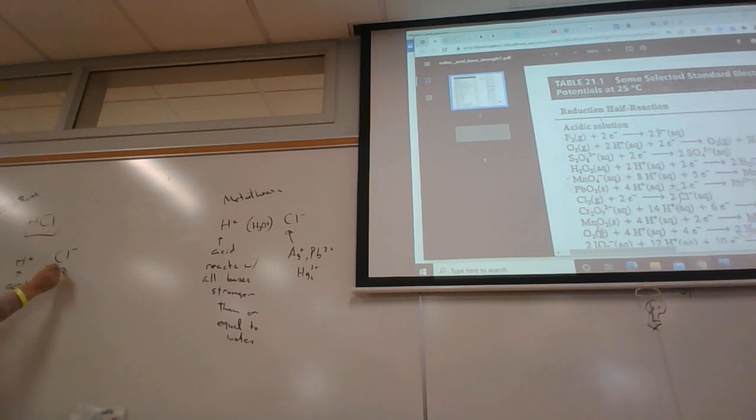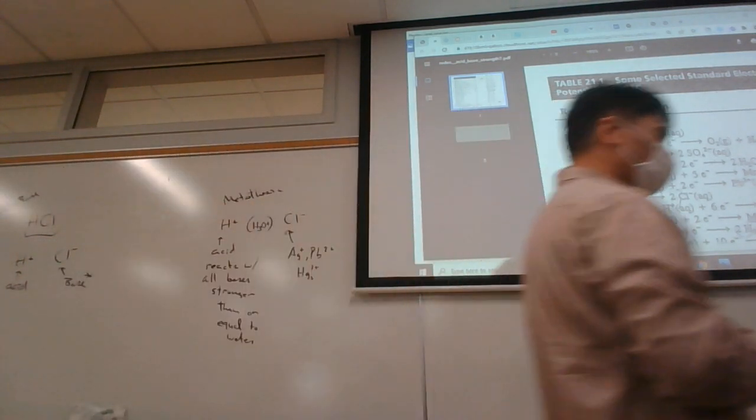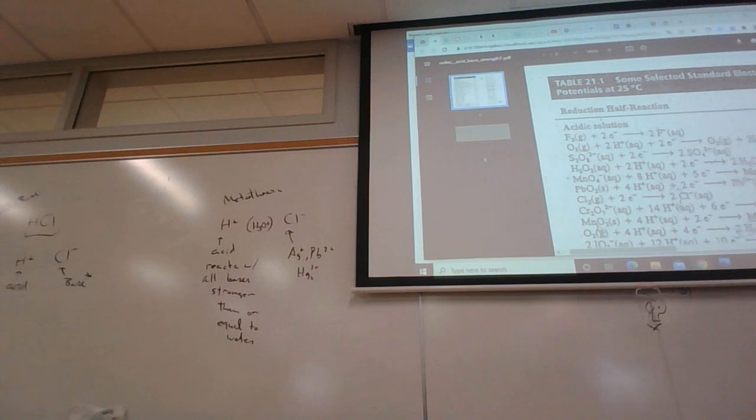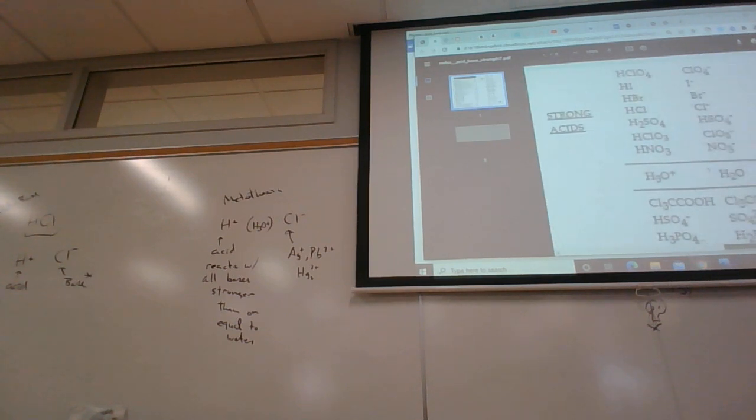And then chloride is a base. But we have to put a little asterisk here because we know about the leveling effect, and we know that the conjugate bases of strong acids are so weak that they don't react with anything.